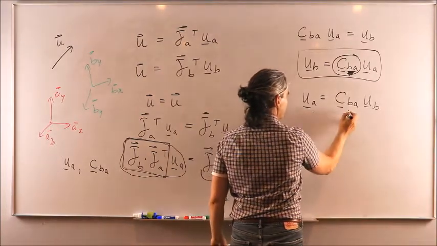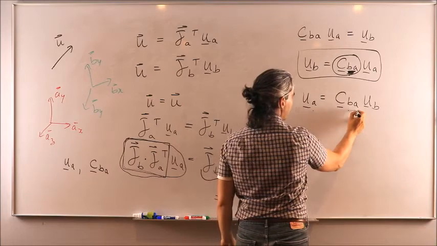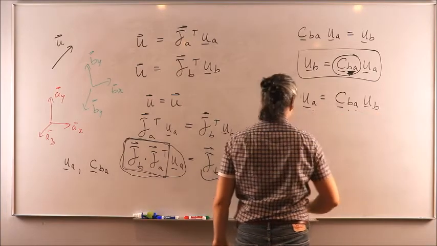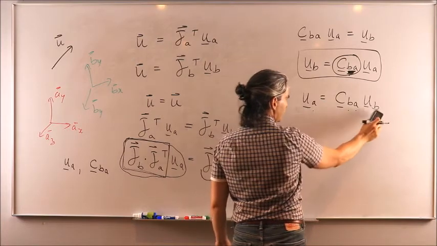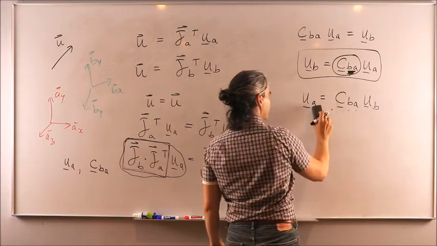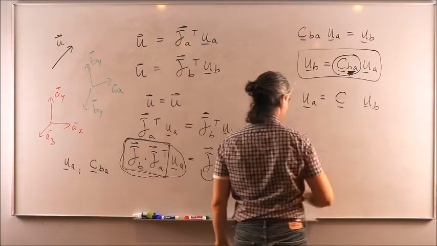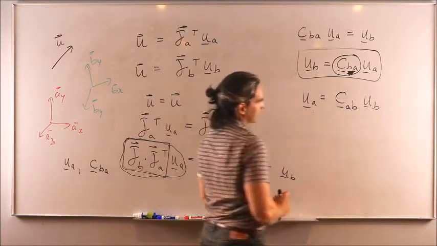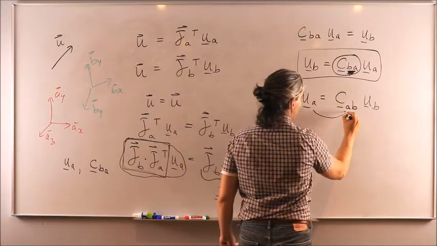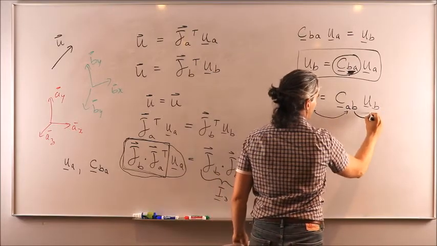You have A and now you have B, as here you have A and B. That doesn't work. So in that case, if you want to go from B to A, or given B, how can you find A? Well, you need to use the proper rotation matrix, which would be CAB, okay? To make sure that the subscripts match on both sides.